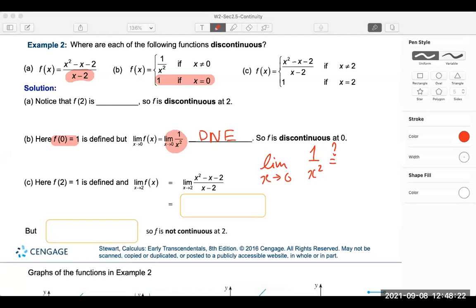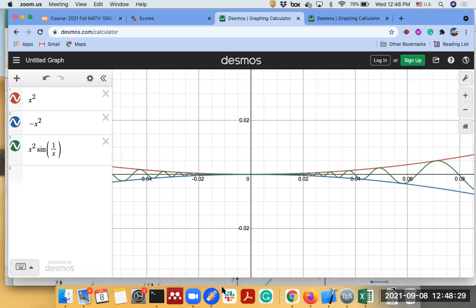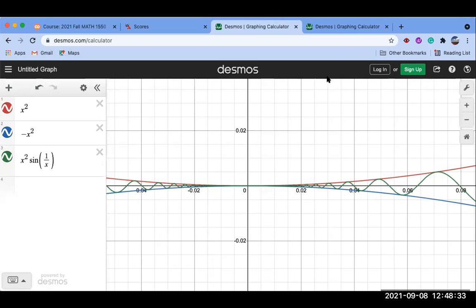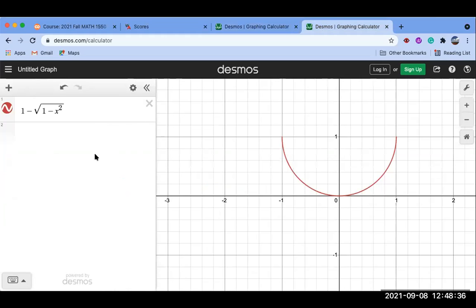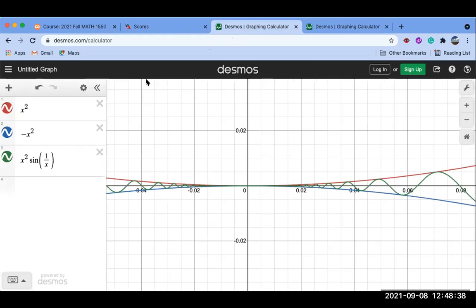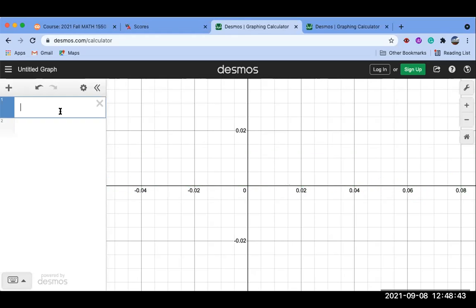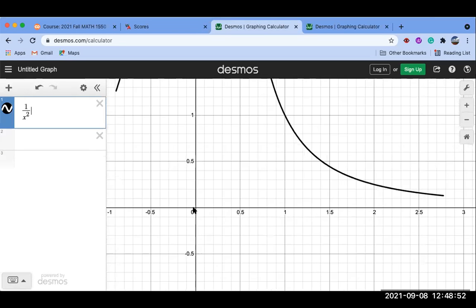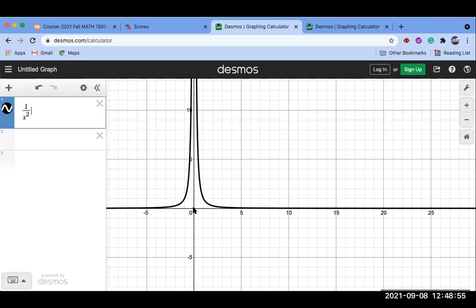Okay, let us play with this. So the function 1 over x squared, okay, do you see the graph of this?